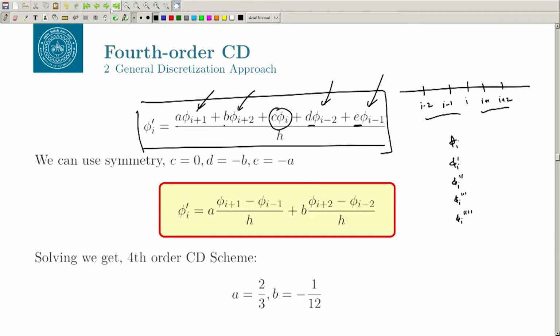So, your equation will become phi I prime equals A times phi I plus 1 minus phi I minus 1 by delta x or h, whatever you want to write, and plus B times phi I plus 2 minus phi I minus 2 by delta x, right. We have used the property of the symmetry, right, and now your task is to find A and B.